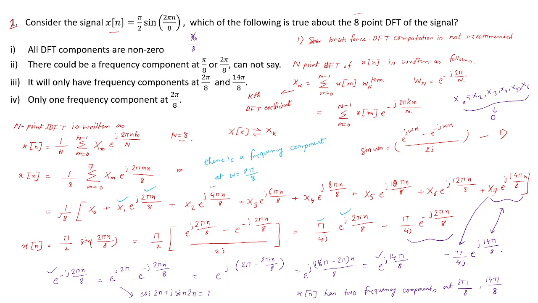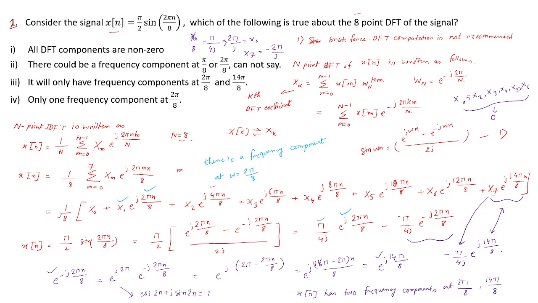So x0 over 8 is pi over 4j, which results in 2 pi over j for x1. Similarly, you can say x7 is minus 2 pi over j.